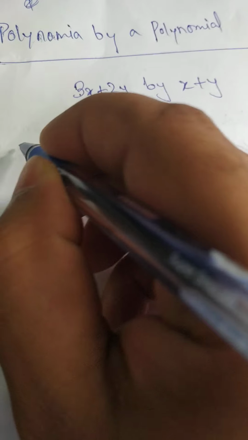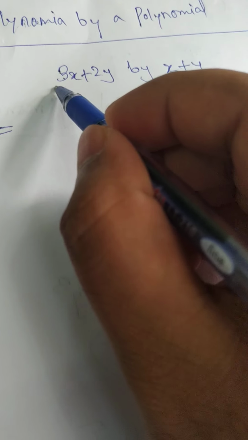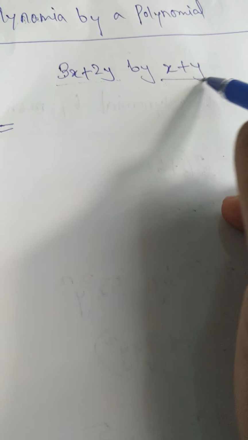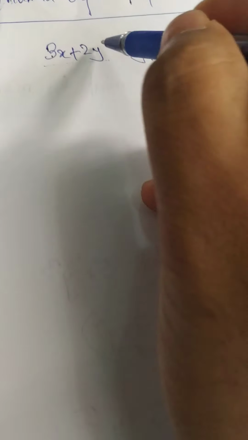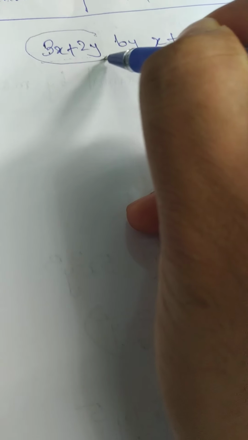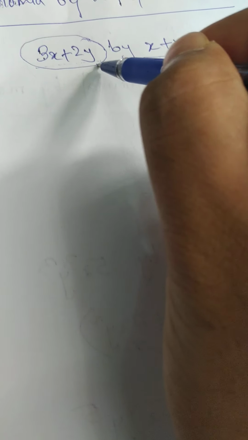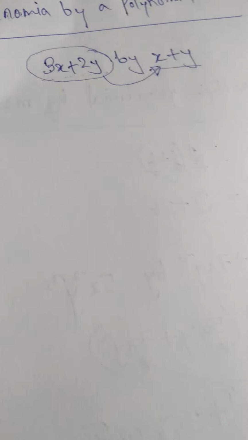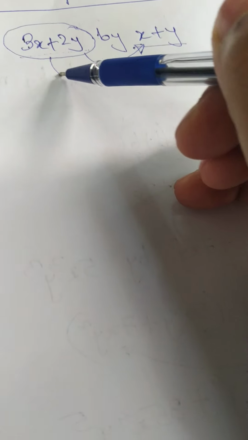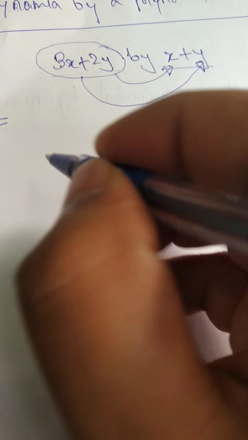Okay. So in this case you can see there is a monomial, here is also a monomial. So what we can do is, first of all we consider this whole monomial. Then we multiply this with x. Next again we consider this whole monomial, then we multiply it with y.